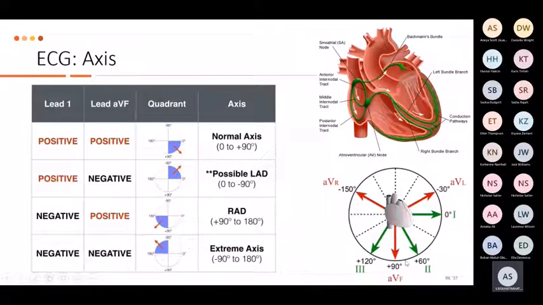Therefore, that's still going to be positive, whereas the majority of it is going away from lead 1, which is why it's negative. And then you've got this thing called extreme axis as well, which you don't really need to remember, but it means lead 1 and aVF are both negative, and it's a very, very rare thing to see.